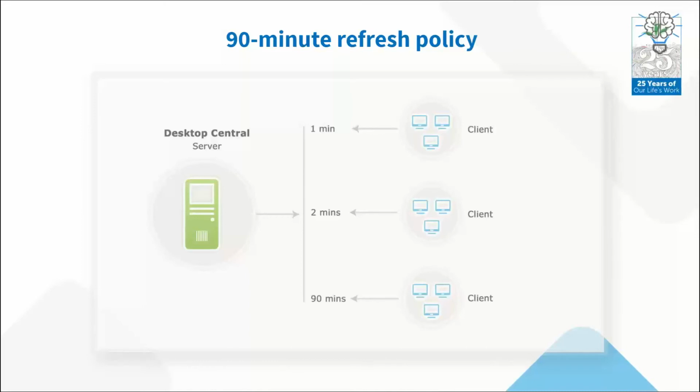Say, for example, you have 90 devices in your network. For every minute, one device will be contacting the central server. Same goes when you have 900 or 9,000 devices, in which case, for each minute, 100 machines will be contacting the central server periodically.